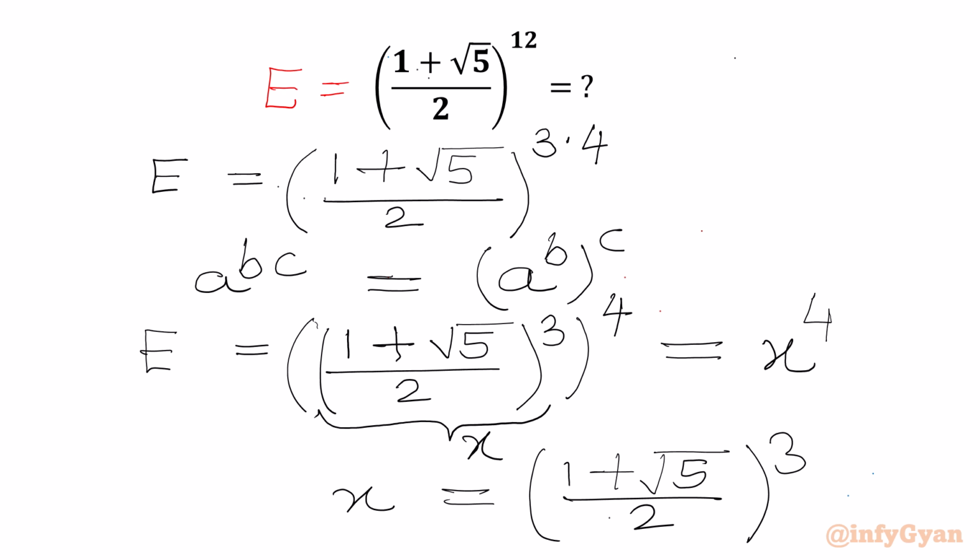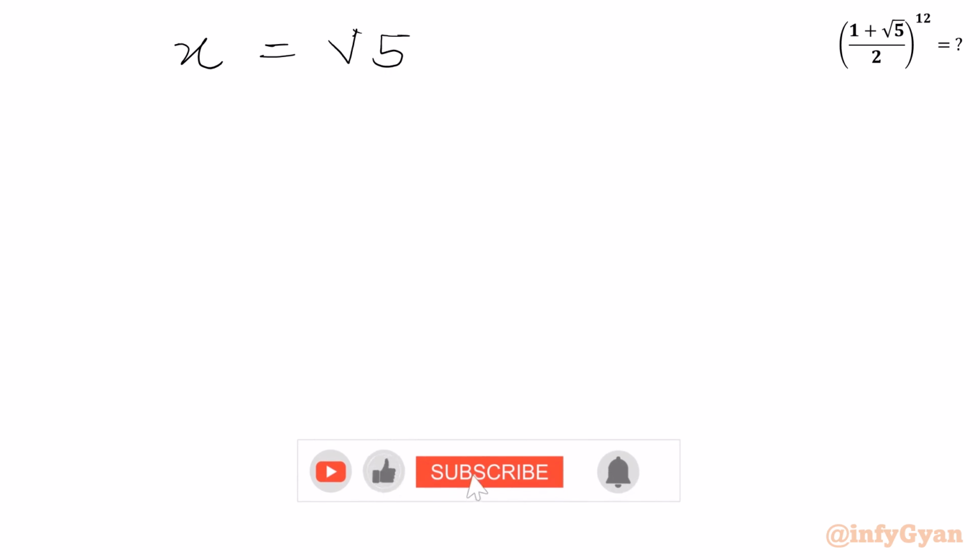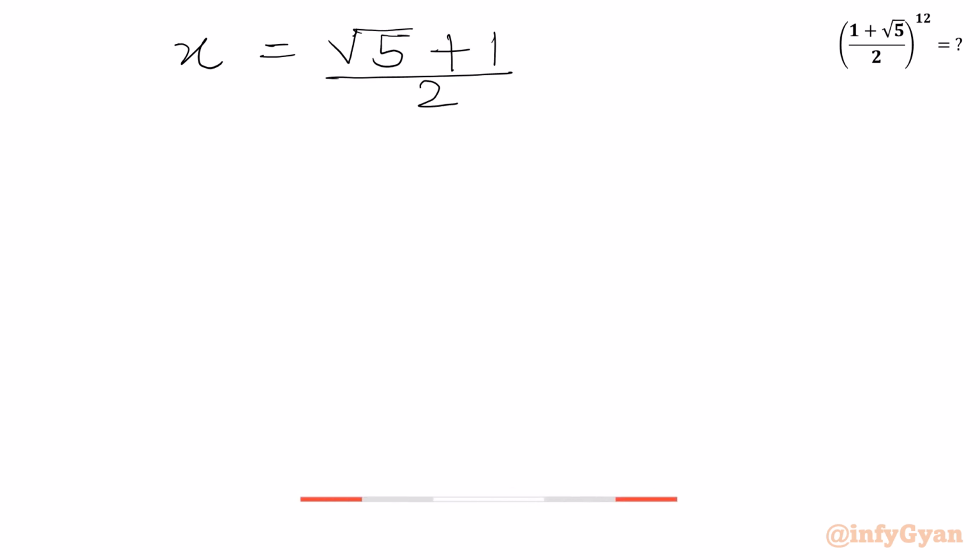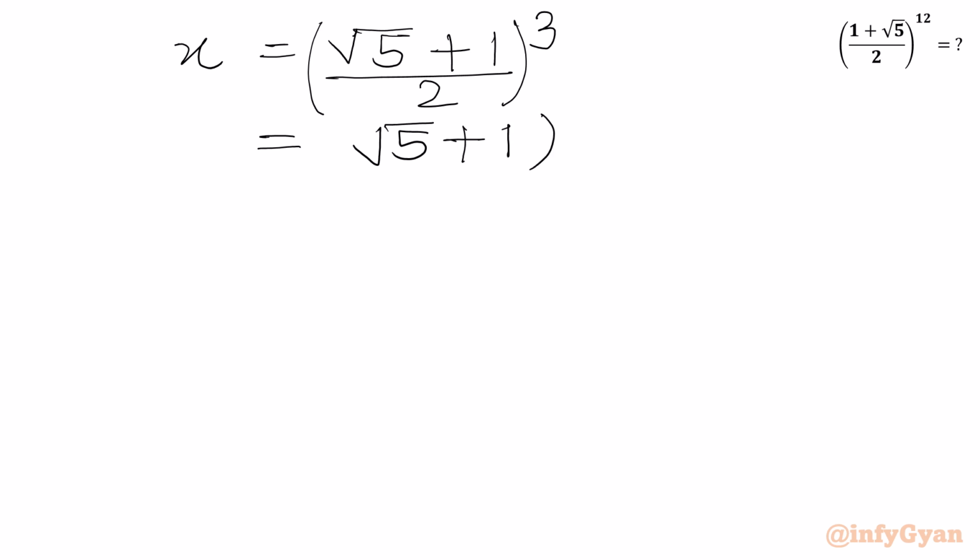Let's calculate x first. So I will write x = ((√5 + 1)/2)^3. This will be equal to (√5 + 1)^3 over 2^3.